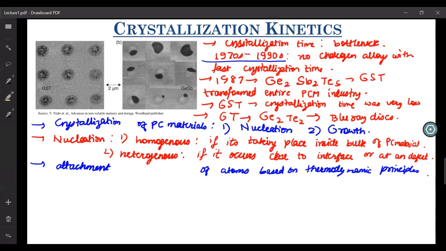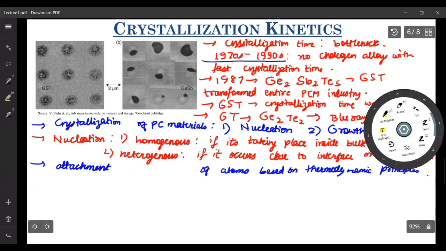Detachment cannot be called crystallization, only attachment of atoms. The moment we talk about thermodynamic principles, we have to talk about something called Gibbs free energy. So let me bring that Gibbs free energy into the picture now.